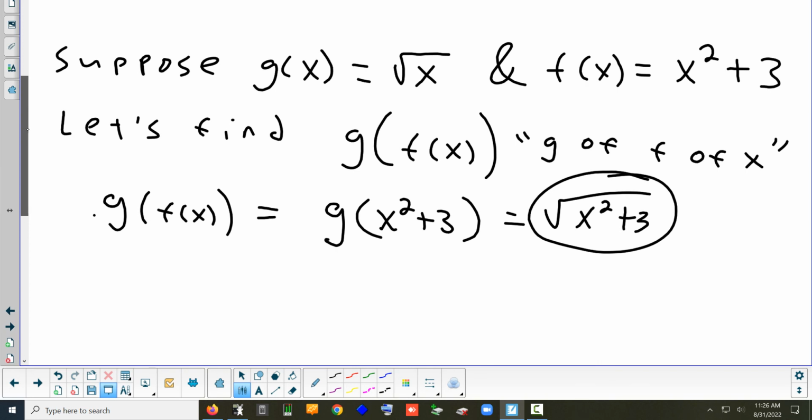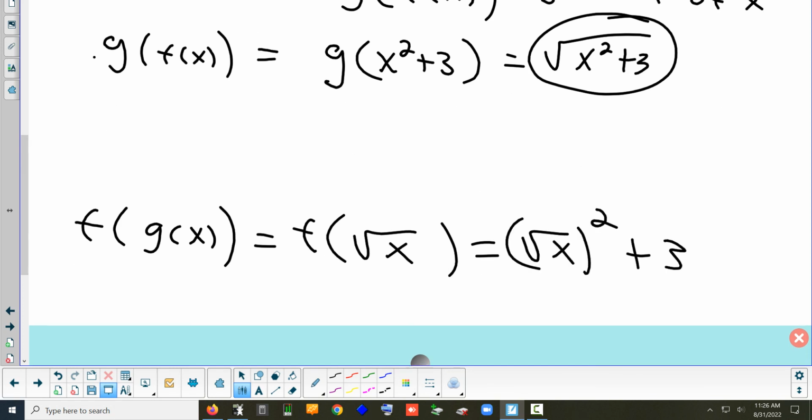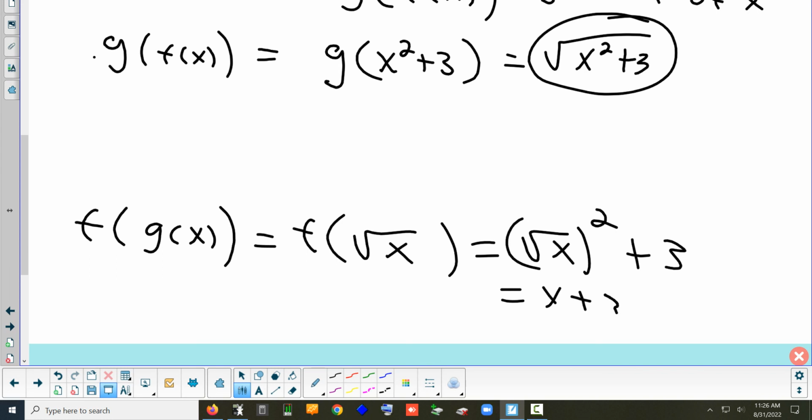Yes? So it would be the square root of x squared plus 3, which is x plus 3. Now the fact that this happened and the square root disappeared is important, but we can't forget that we had a square root. So this square root is still going to be controlling some of the domain, even though it canceled out. I'll show you how in a second.